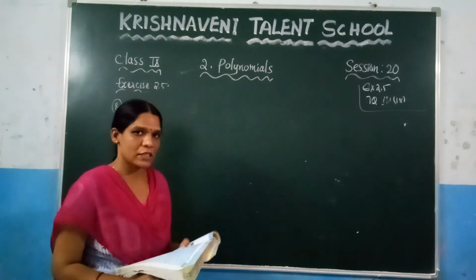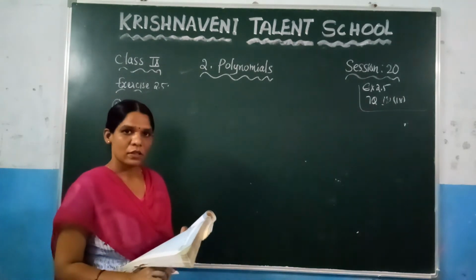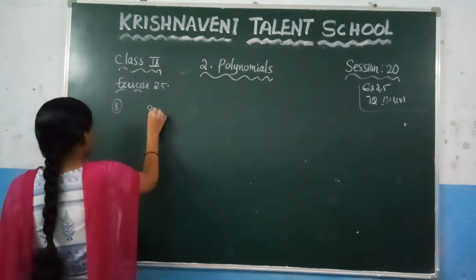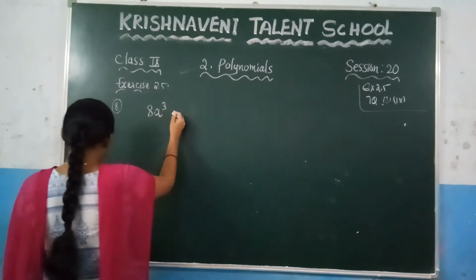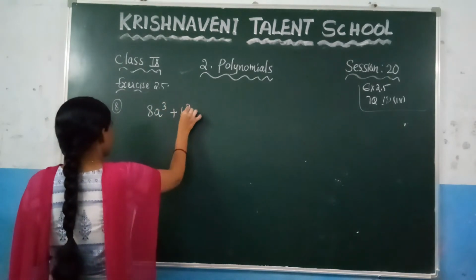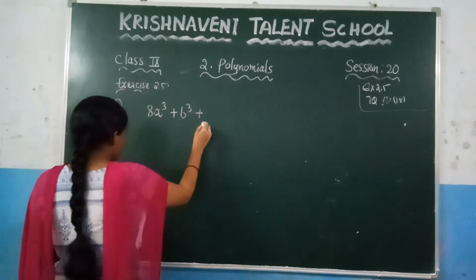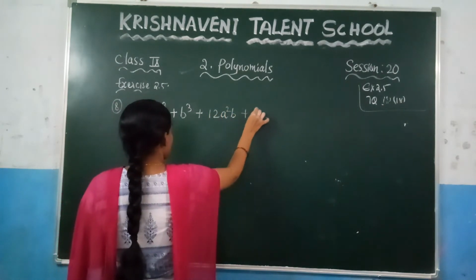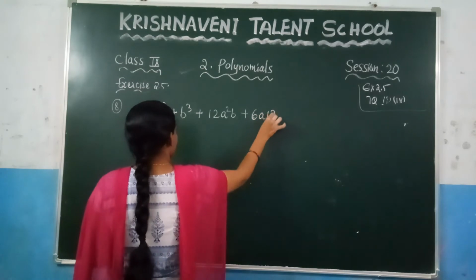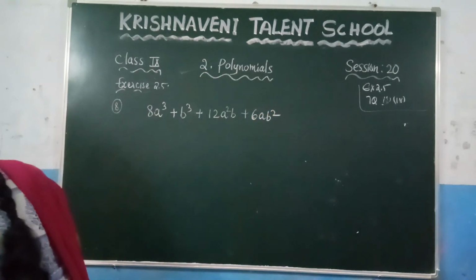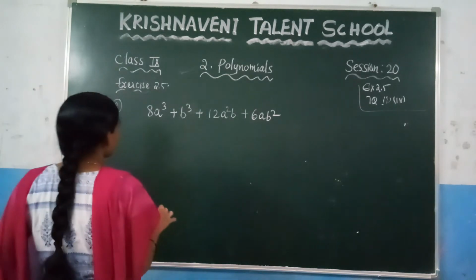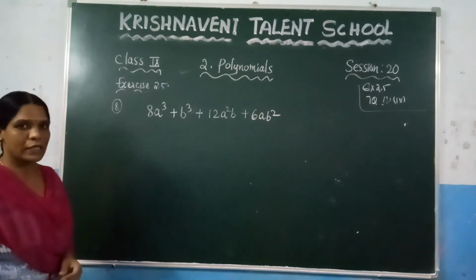Again, you need to write this as a product of linear polynomials. In that, the first one they have given is 8a cube plus b cube plus 12a square b plus 6ab square. You need to factorize this. How to factorize? You need to write this as a product of the linear polynomials.